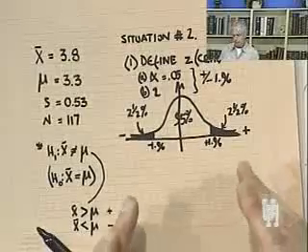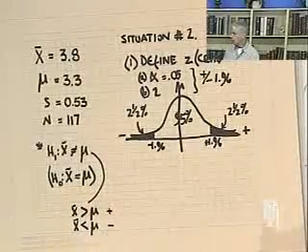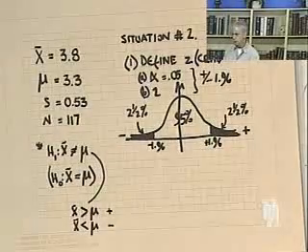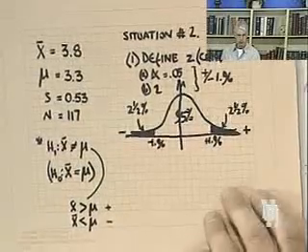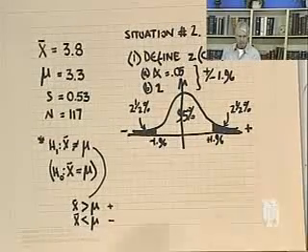In order to isolate 99% of the scores, we had to go 2.58 standard deviations in both directions. Yes? Right. Thanks.